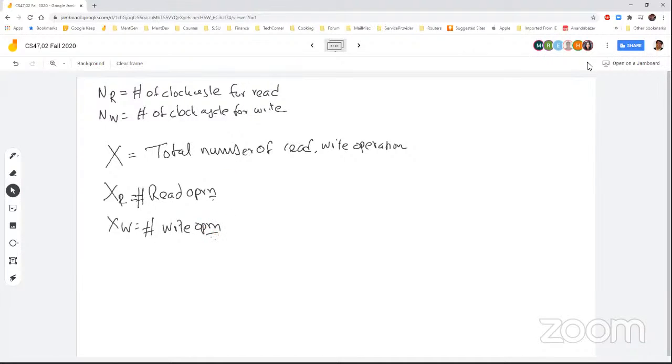So practically this means X equals XR plus XW, all right?